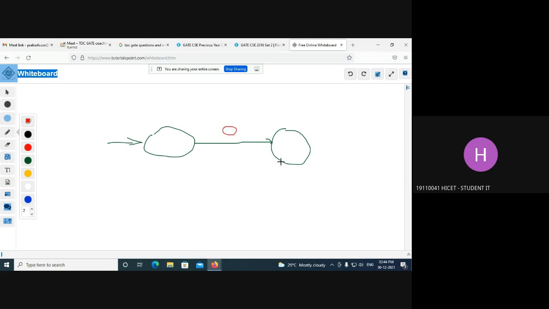This is 0 and this is 1. How to draw 0 plus 1 whole star? Zero plus 1 whole star. So how does it look?